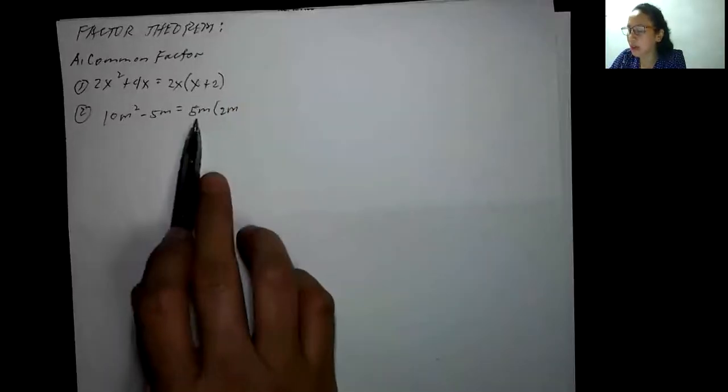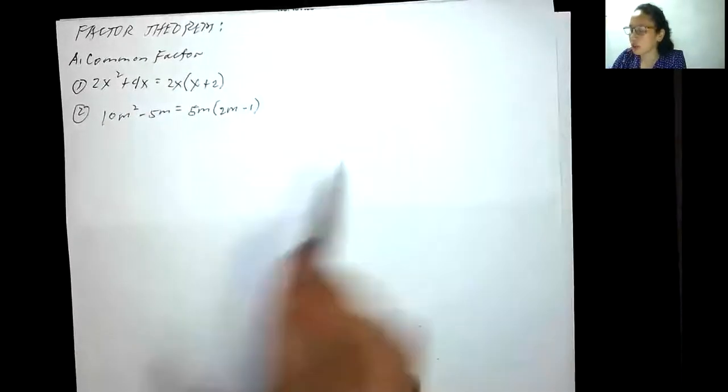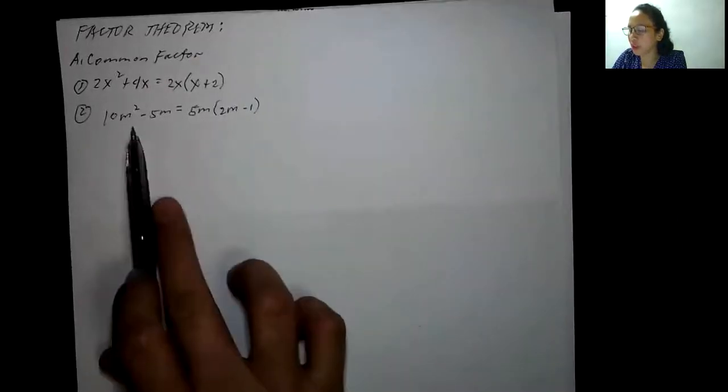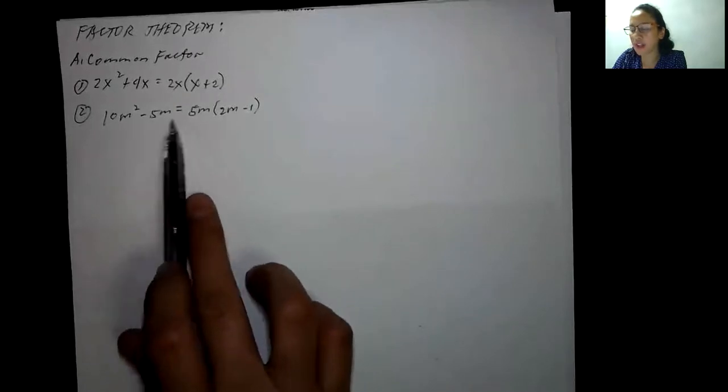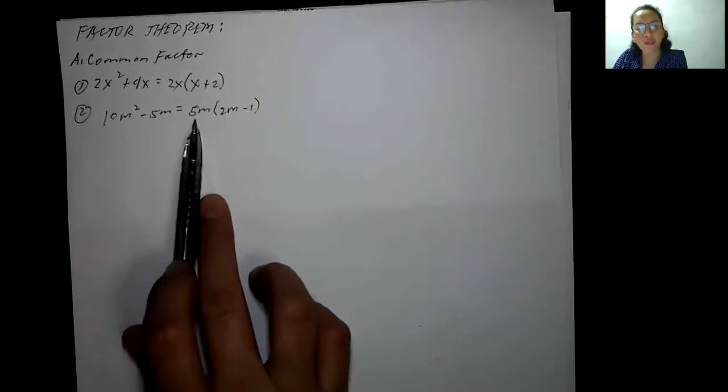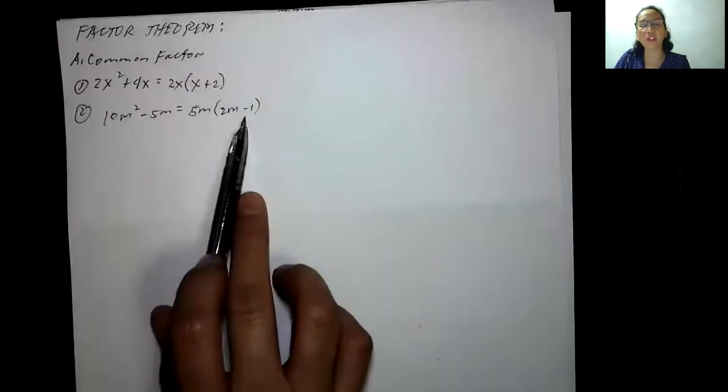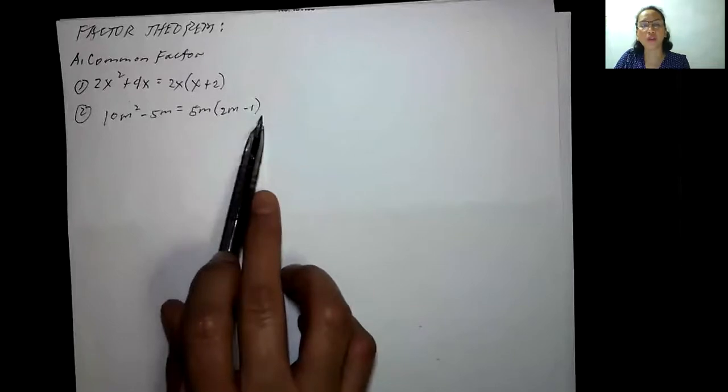Negative 5m divided by 5m, the answer is negative 1. So the factor of 10m squared minus 5m is 5m times the quantity 2m minus 1.